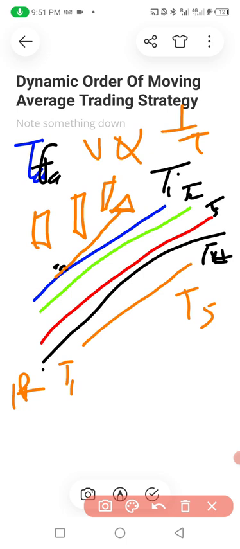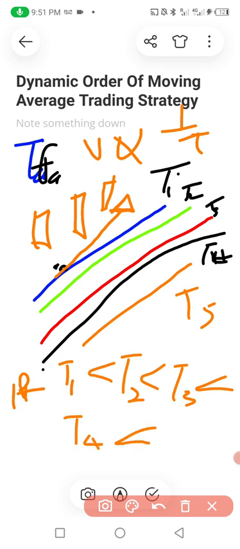We need to start from the fast moving average responses, the moving averages that are very close to the candlestick, or the line chart. So here T1 is faster, meaning it is a lower moving average. So T1 is less than T2, less than T3, less than T4, less than T5.